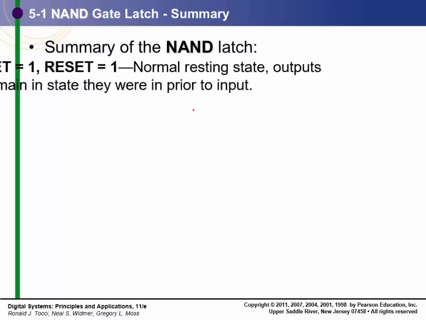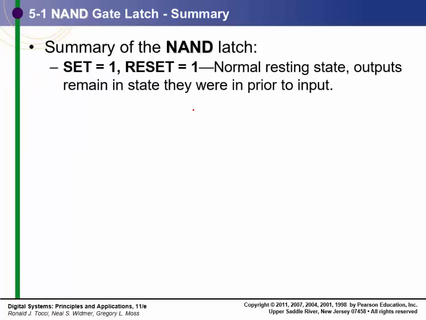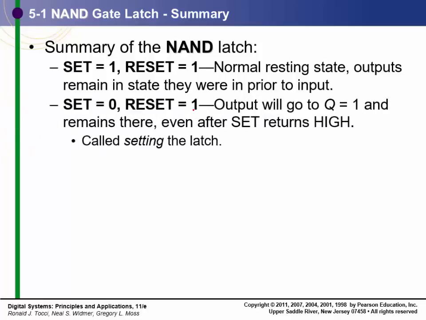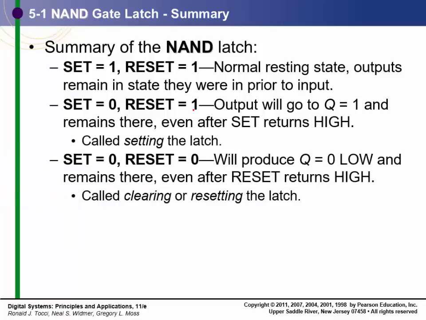Summary of the NAND latch: if set is equal to 1 and reset is equal to 1, the output doesn't change. If set is equal to 0 and reset is equal to 1, the output will go high and the Q dot will go low. We're setting the latch. If we take them both low, I think this is probably wrong.